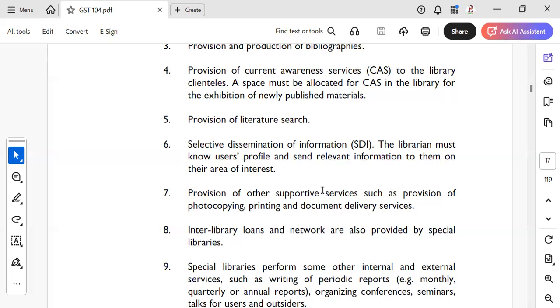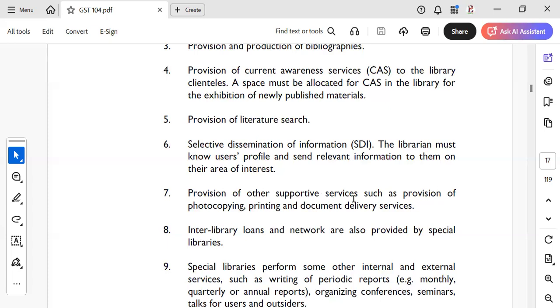That is connected to your purpose of going there, your research. But on a general level, any new book that they just brought in, that is CAS, current awareness service. SDI is the one that pertains to your own research or your own purpose of visiting the library. So that is the difference between the two.